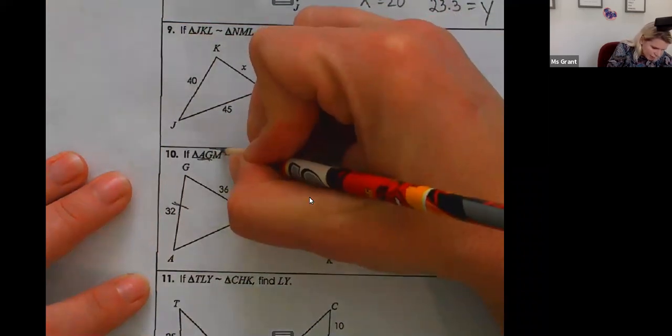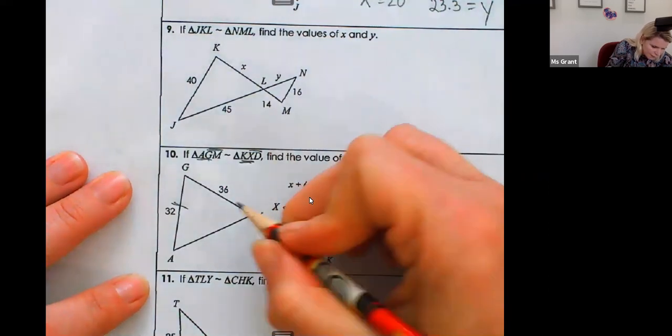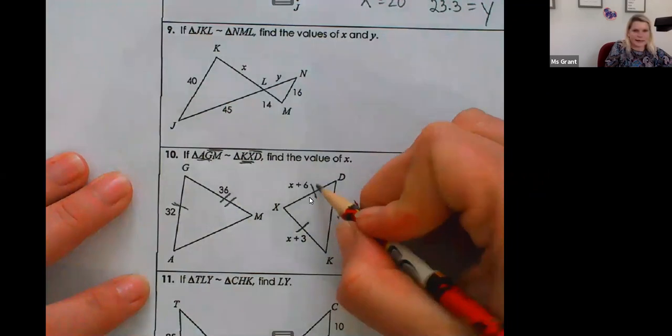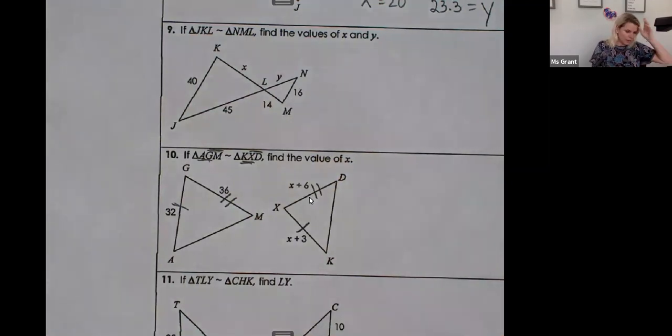GM, second and third letter, matches with XD. GM, double line, matches with XD, double line. This time, I'll just go left triangle and right triangle. I guess this one's bigger.